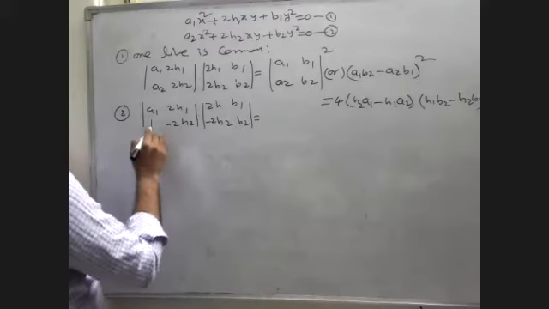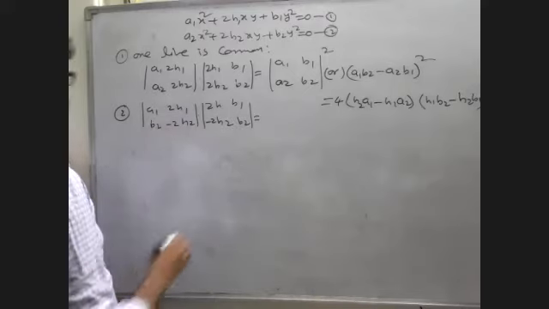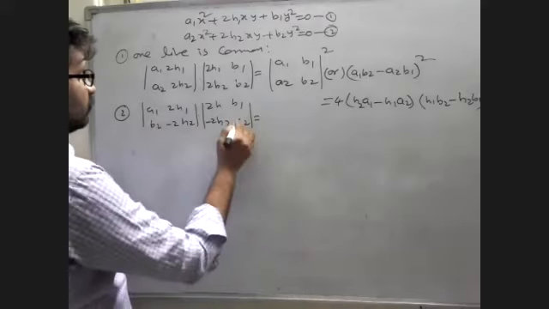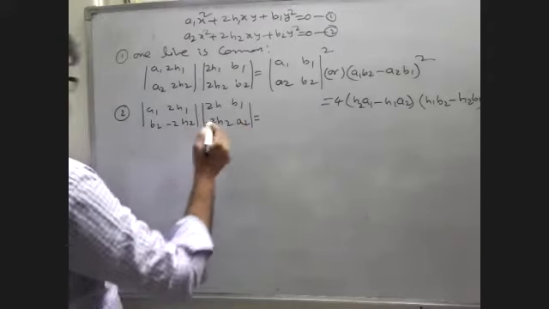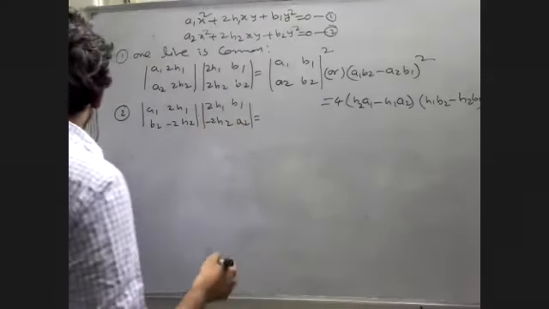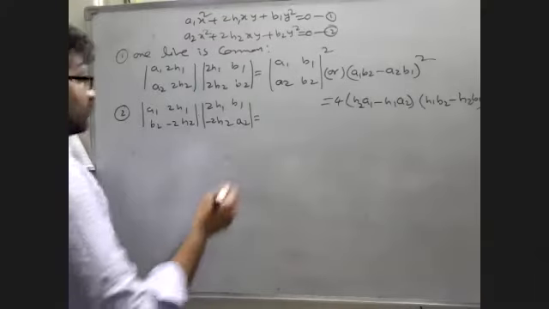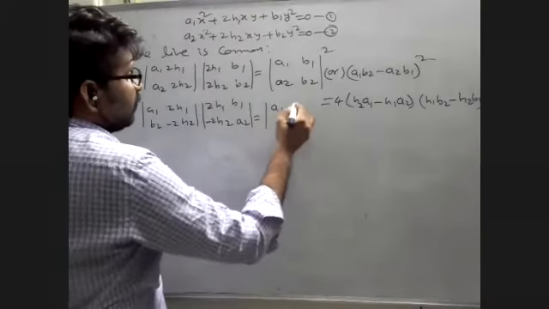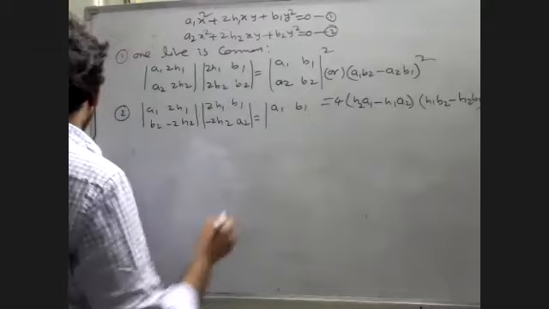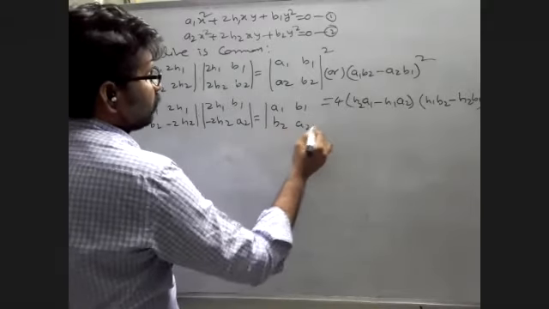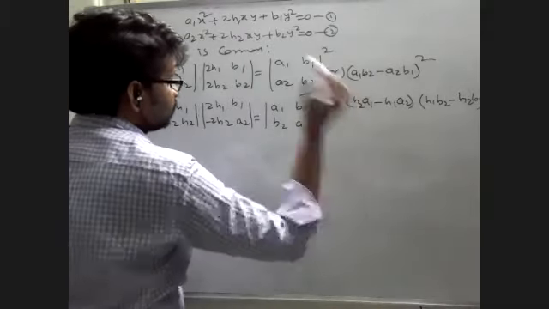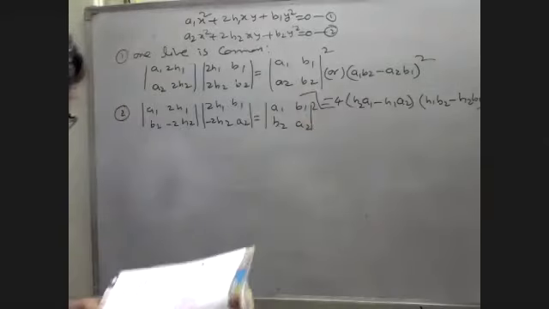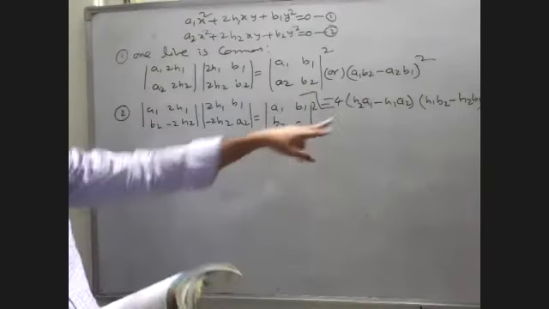This is B2 and this is A2 and this is H1 H2, is correct, is equal to A1B1 B2A2 whole square. This is the condition, and from this also we can write the same like this.